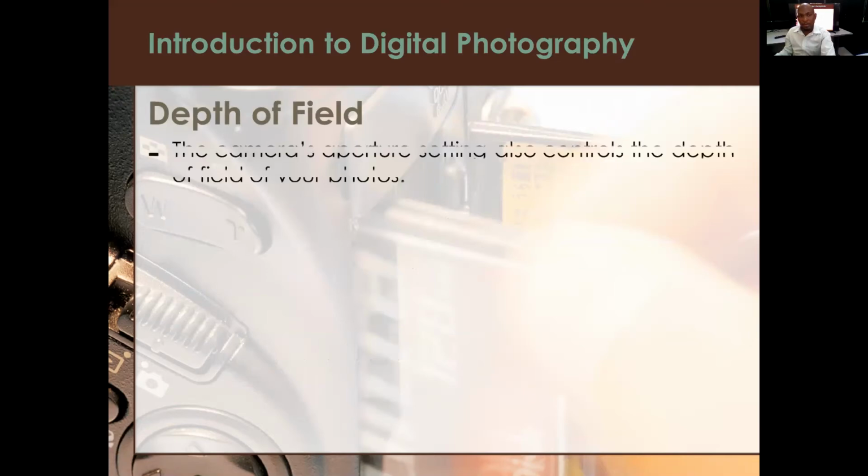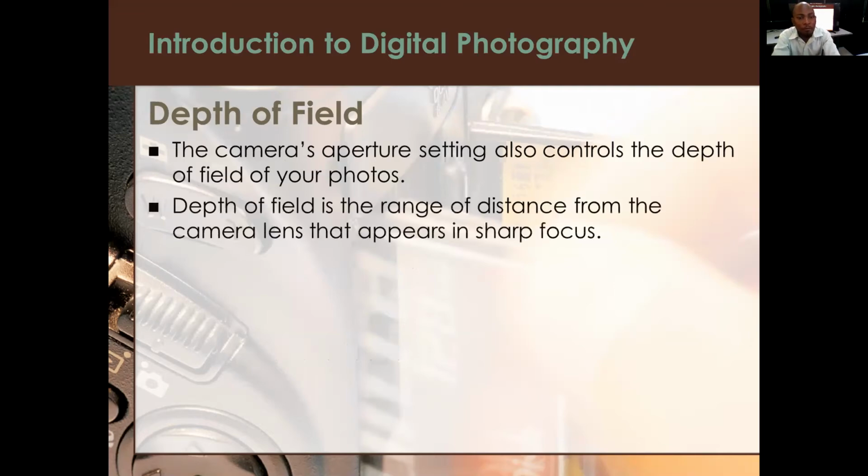Depth of field, one of my favorites. The camera's aperture setting also controls the depth of field of your photo. Depth of field is the range of distance from the camera lens that appears in sharp focus.